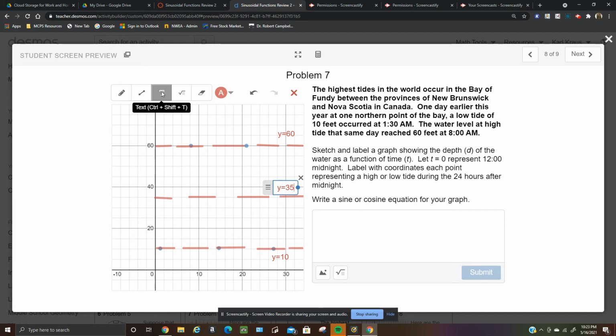And let's label the points that we have so far. It's 1.5. 1.5, 10, and 8, 60.